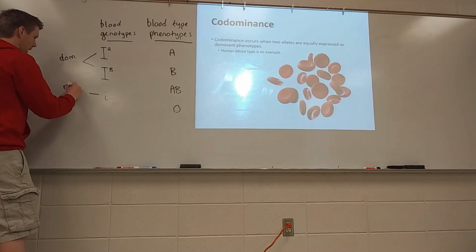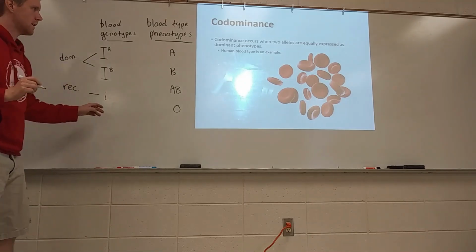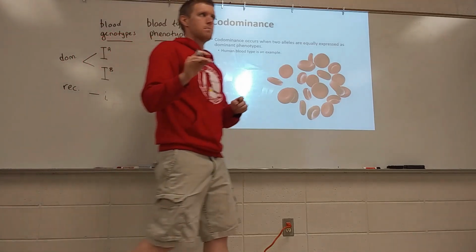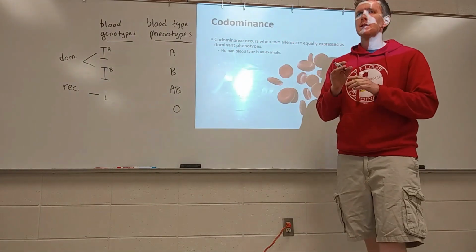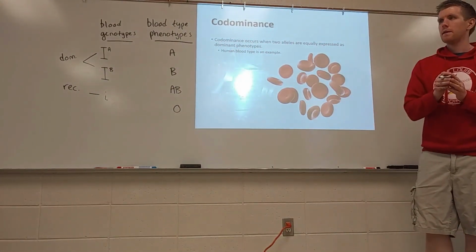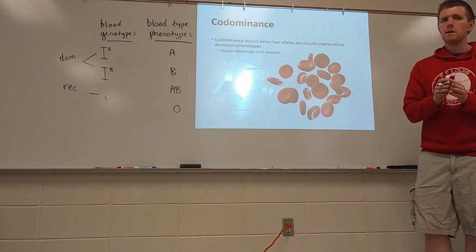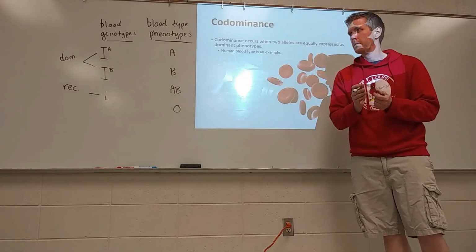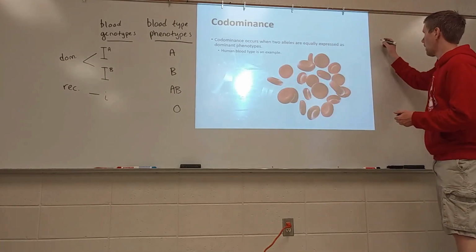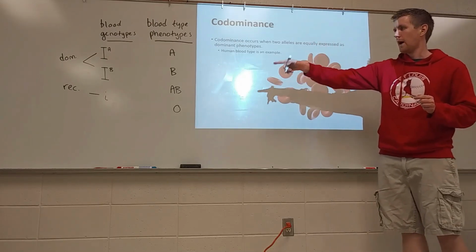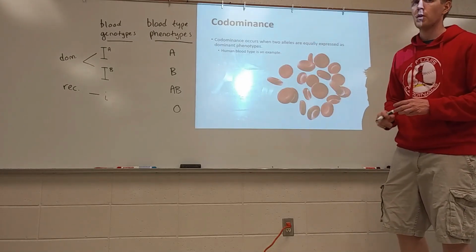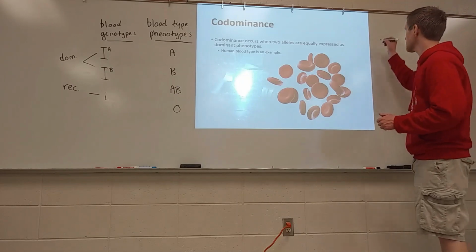The lowercase i that you see here is recessive. Now remember, each person is diploid. They have 2 copies of each gene. So, everybody will have some combination of 2 of those blood genotypes.